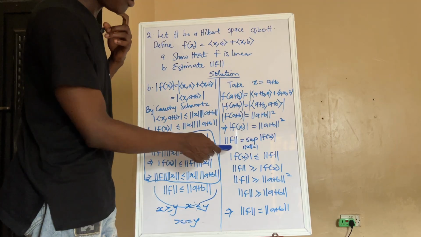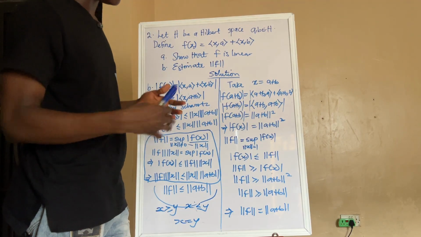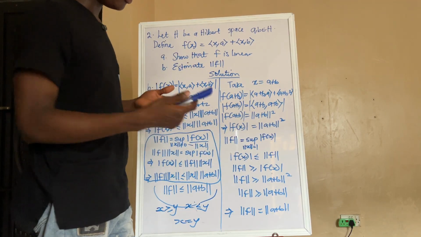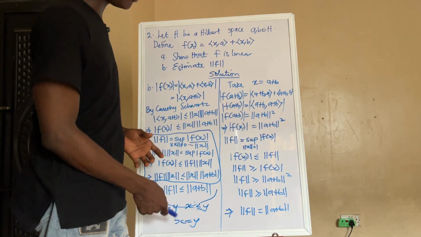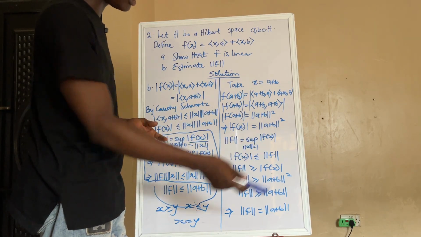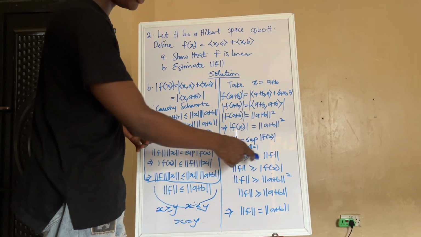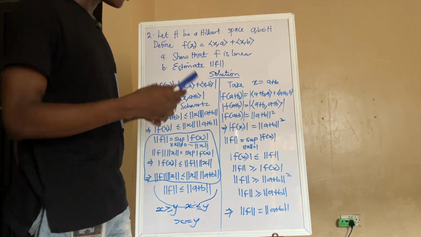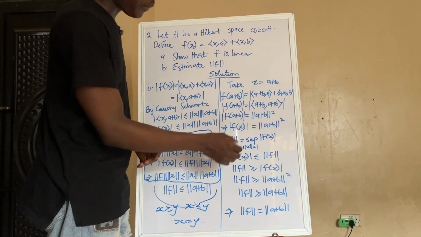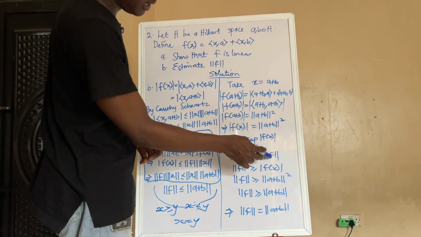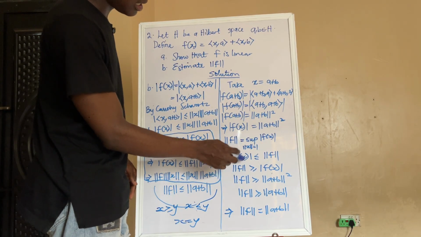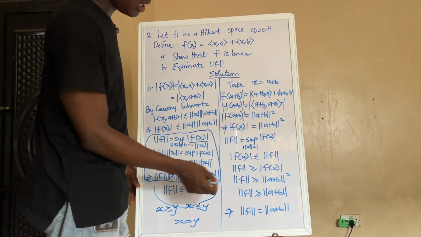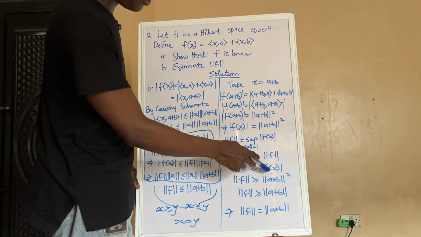Why do I know that? Because the norm of f is the biggest possible value that this could be, because it's the sup, which means this is definitely going to be less than or equal to it. The highest it can be is equal. It cannot be greater than it. So it can be less than it, but it cannot be greater than it, but it can also be equal to it. So from here, I know that this is less than this, which means that this is greater than or equal to this.